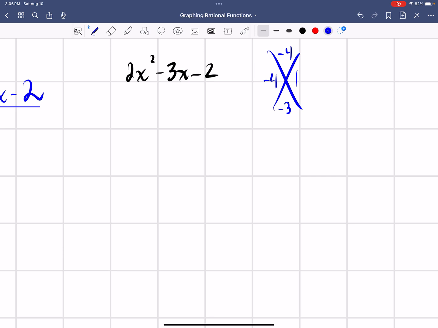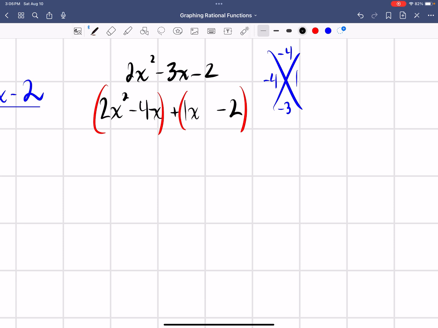Okay. So what I do then is I rewrite this quadratic. I leave the first and the last term alone, but I take the middle term, minus 3x, and I replace it with minus 4x plus 1x. So I'm not changing it, just rewriting it. Then I factor by grouping. This 4-term expression that I got is always going to be groupable.